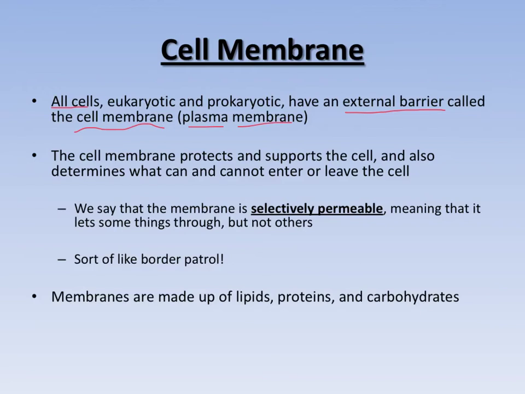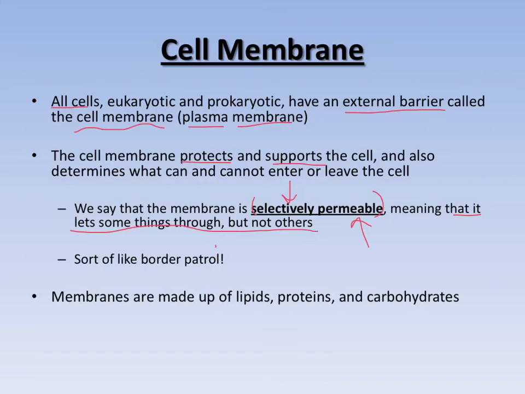The cell membrane is there to protect and support the cell, and it also helps determine what can and cannot enter or leave the cell. So we call the cell membrane a selectively permeable structure. Permeable meaning you can get through it, but selectively meaning only some things can get through it. So it lets some things through, but not others.